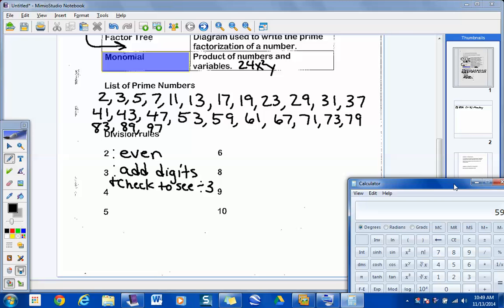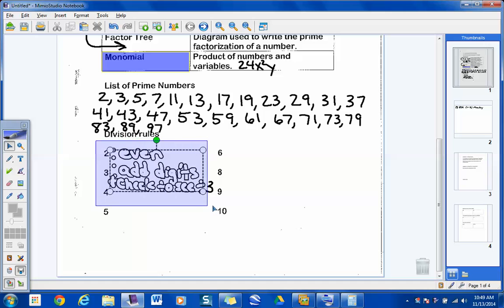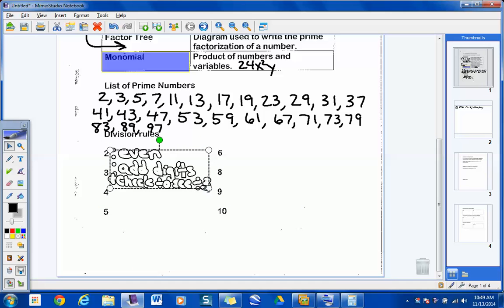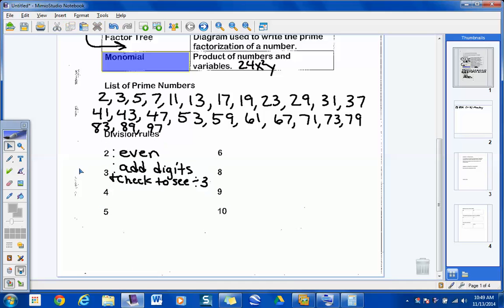Got it? Okay, rule of 4. Rule of 4, here it is. Rule of 4 says check the last 2 digits.